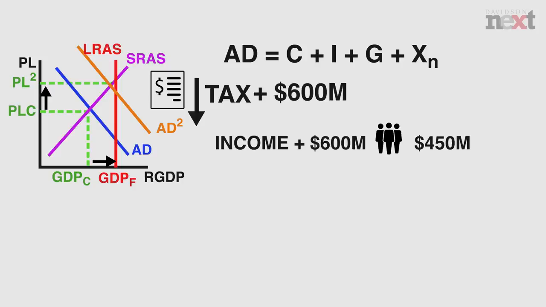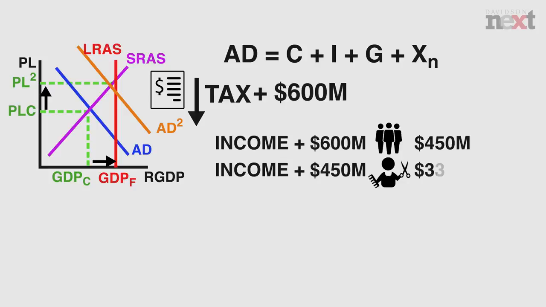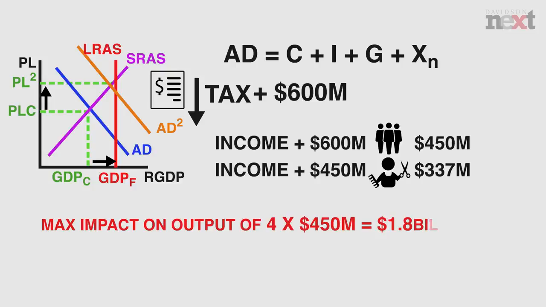The same multiplier effect happens where the $450 million becomes income to somebody else, who then consumes $337 million, and so on. So we have a maximum impact on output of 4 times 450 million, or 1.8 billion.